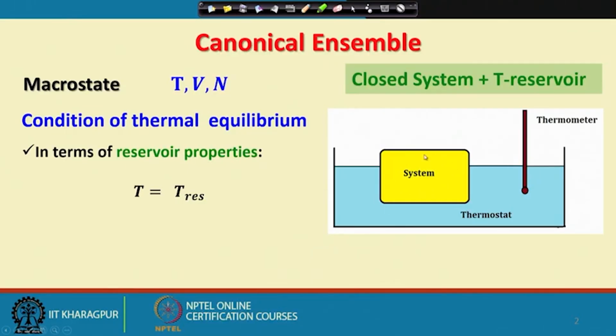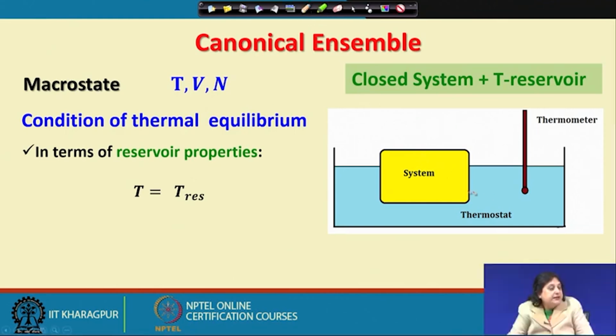Therefore, the temperature of this yellow box is going to be the same as the temperature of this blue region. That is the measurable condition which involves the reservoir property to establish the condition of thermal equilibrium.